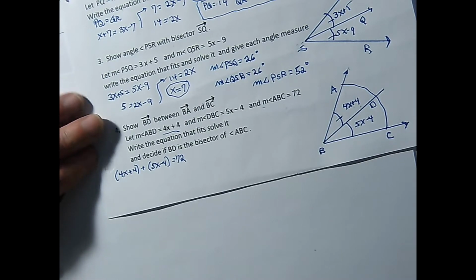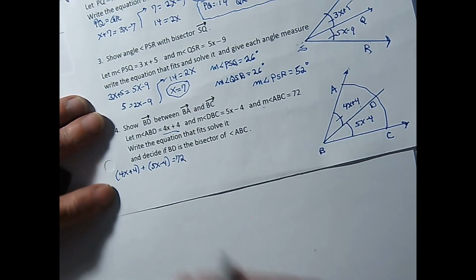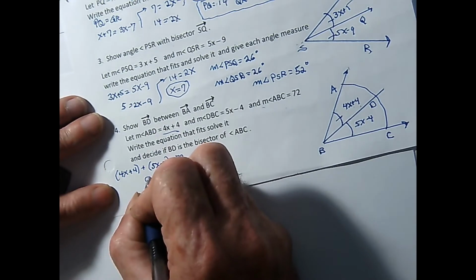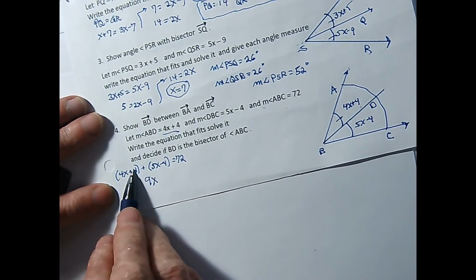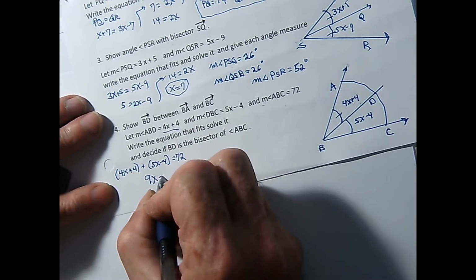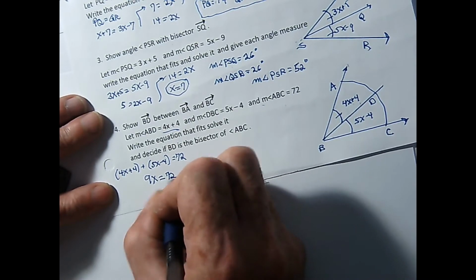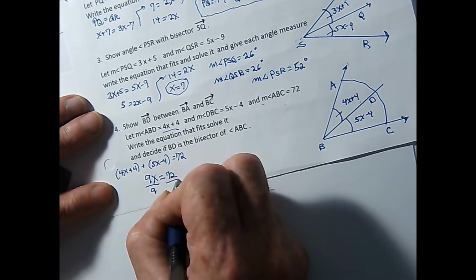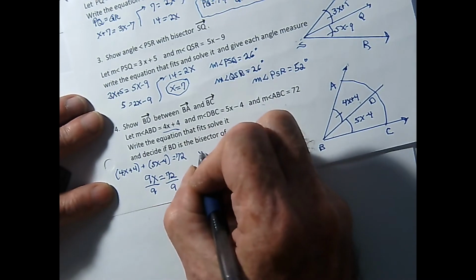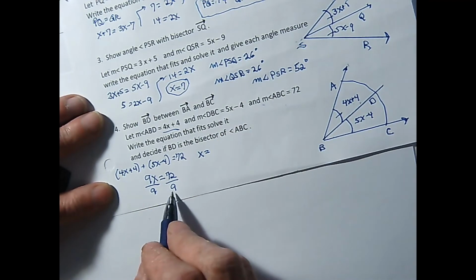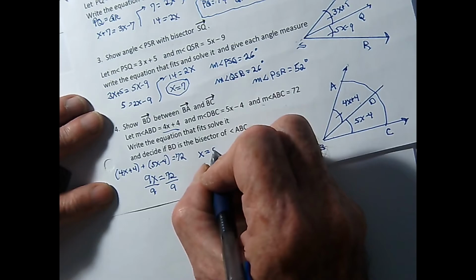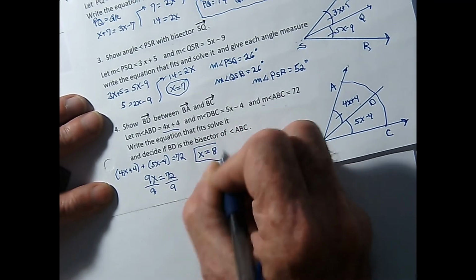Pause this and solve that up. You would have got 4x and 5x is 9x. That positive 4 and that negative 4 add out to 0, so 9x equals 72. I'll divide both sides by 9 as I seek to isolate the variable. And x is going to equal whatever 72 divided by 9 is. That's got to be 8. So I know the value of x is 8.